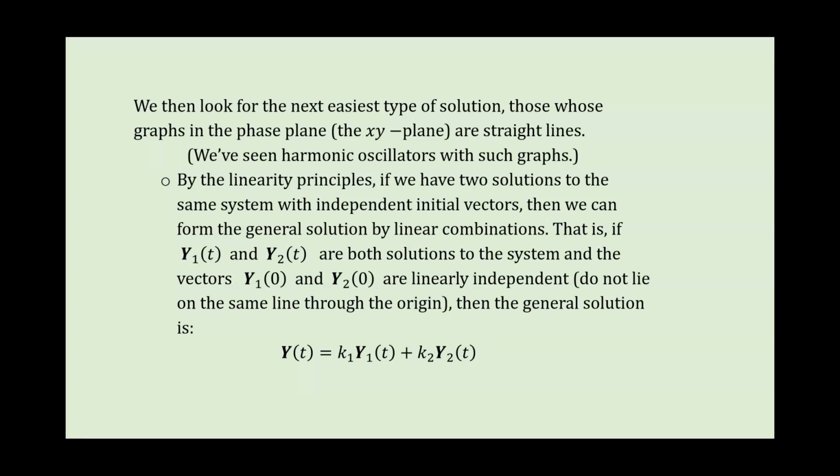So a constant k1 times y1 plus a constant k2 times y2. And that being a general solution means we can solve any initial value problem for that specific differential equation. Moreover, we can enforce the initial conditions by finding those constants k1 and k2.